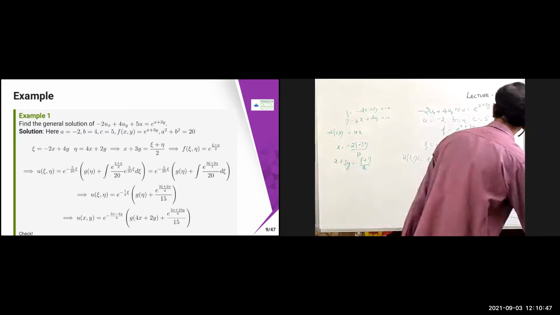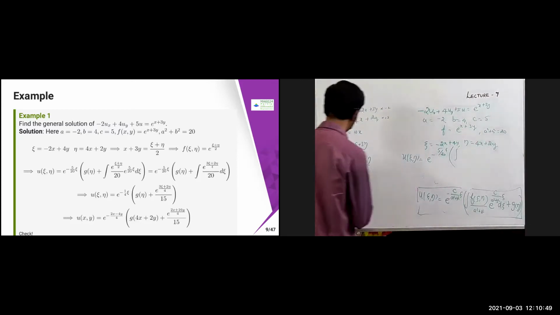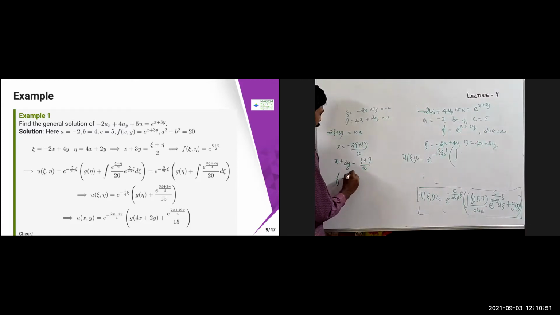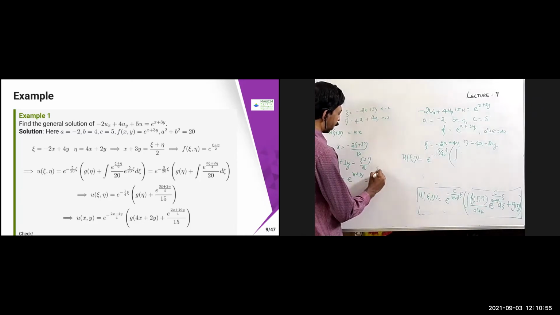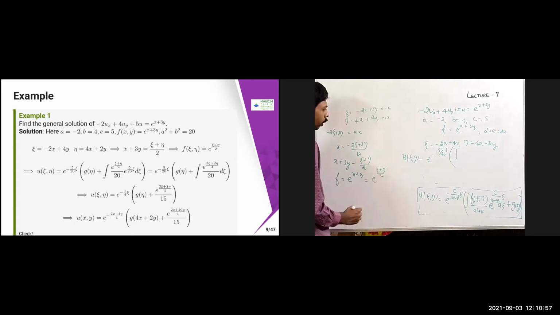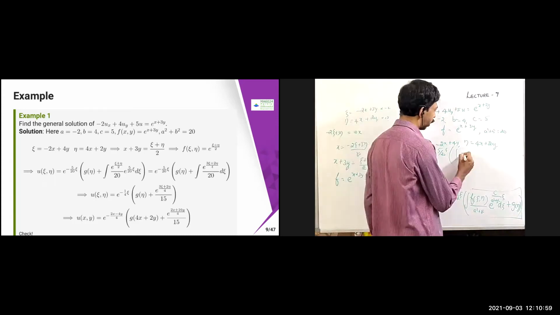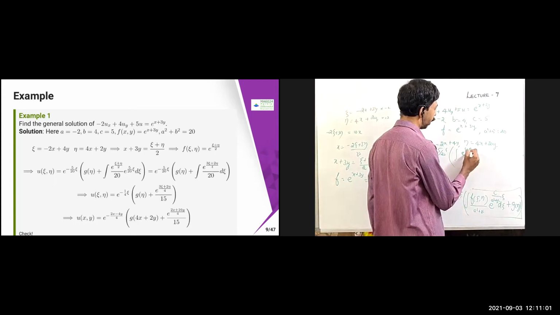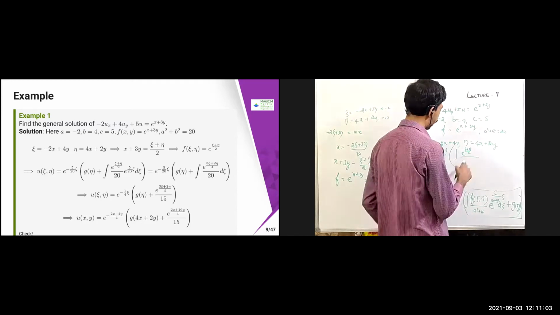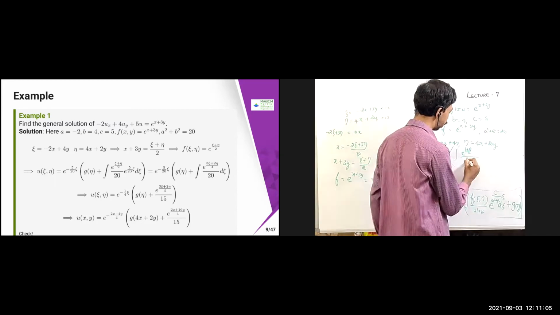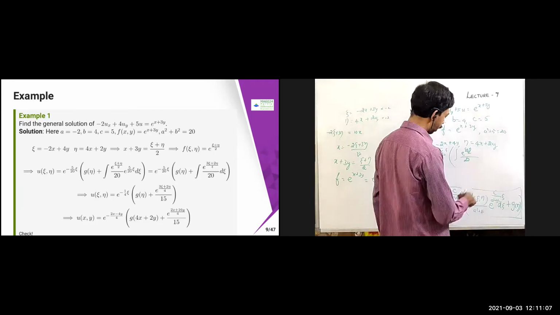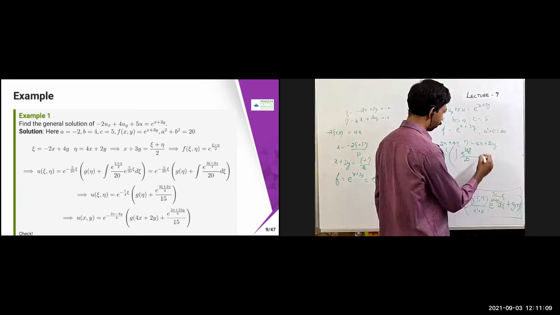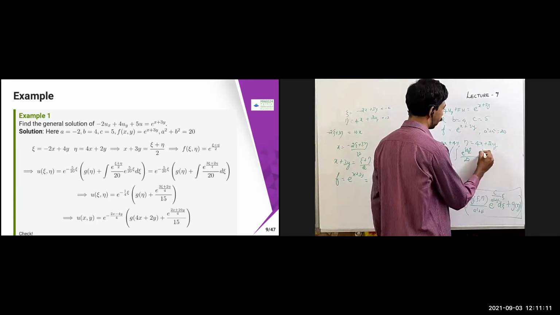Therefore my f is nothing but e power x plus 3y, so that is going to become e power chi plus eta by 2. Substitute over here: e power chi plus eta by 2 divided by a square plus b square, which is 20, and then e power again the same thing, minus 5 by 20. So here minus 5, here plus 5, 5 by 20.